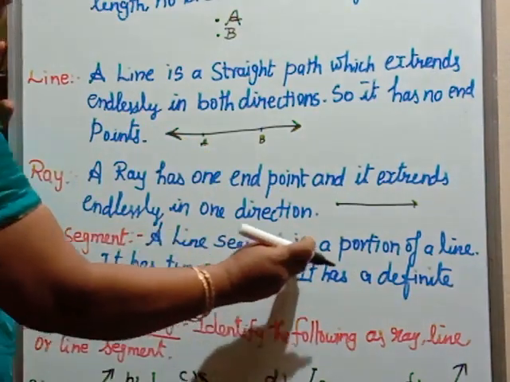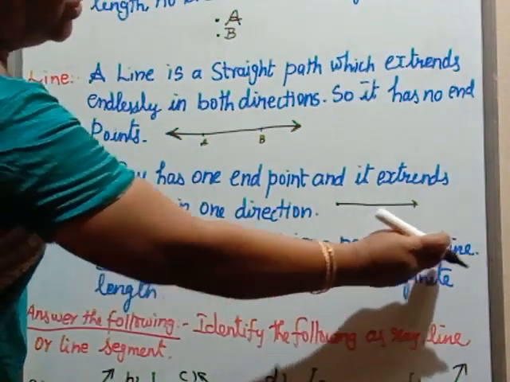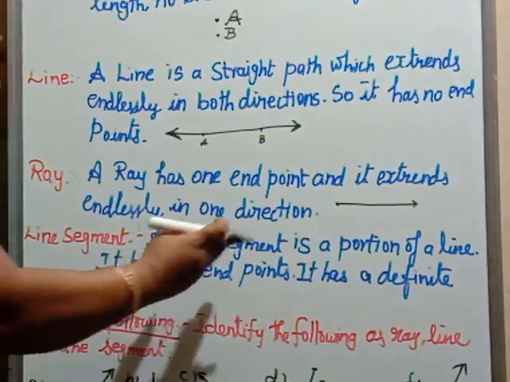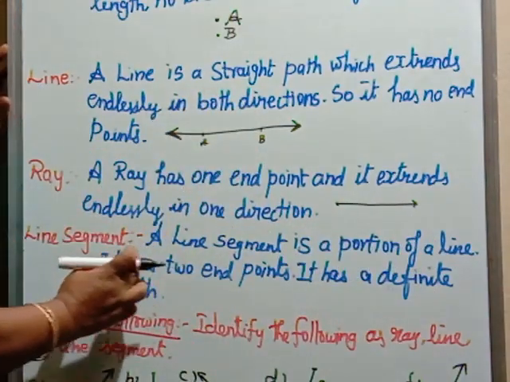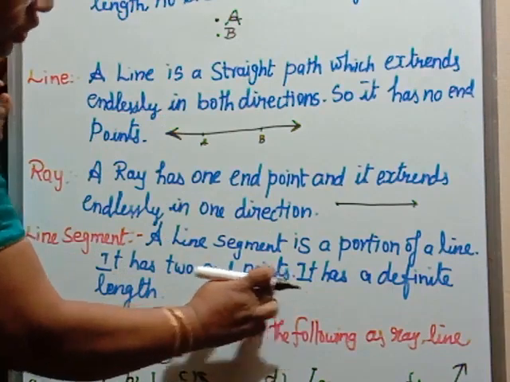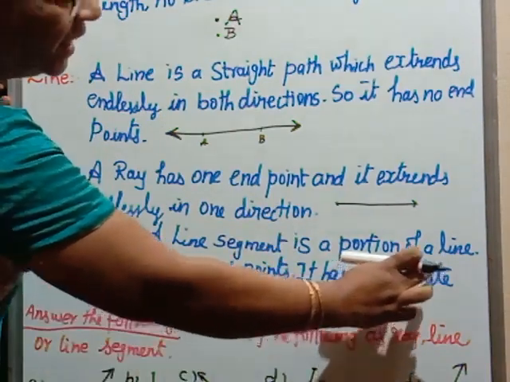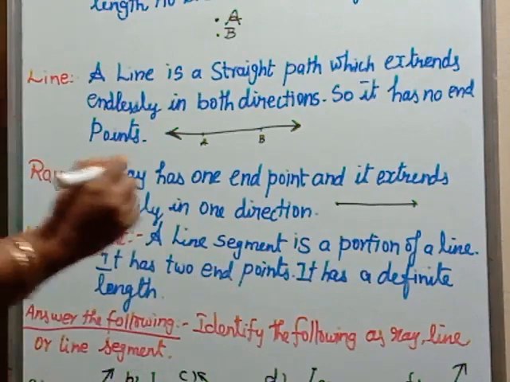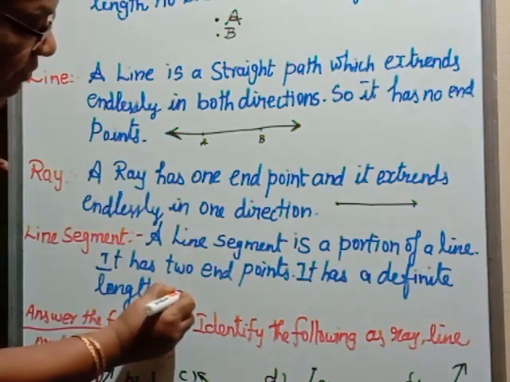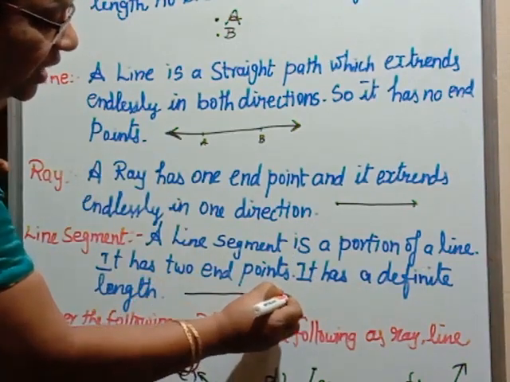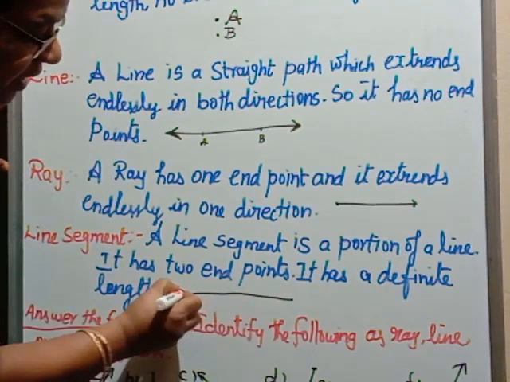What is a line segment? A line segment is a portion of a line. It is a part of the line. It has two end points. It has a definite length. That means only the line segment we can measure clearly. How many centimeters is the line segment?